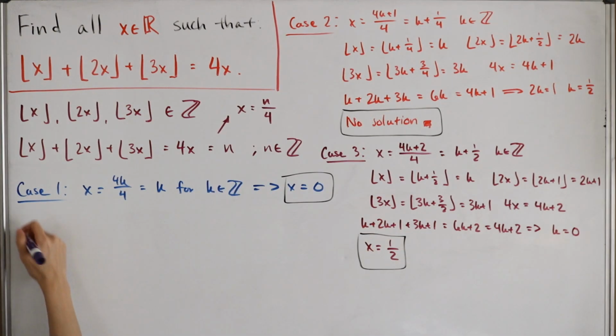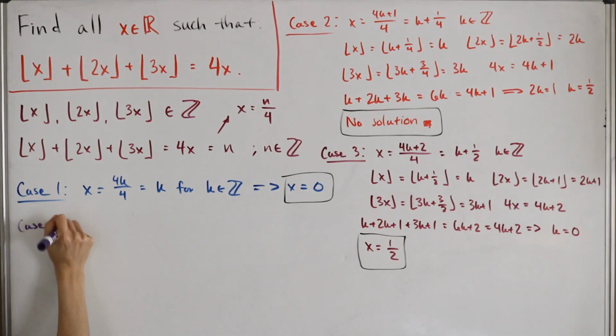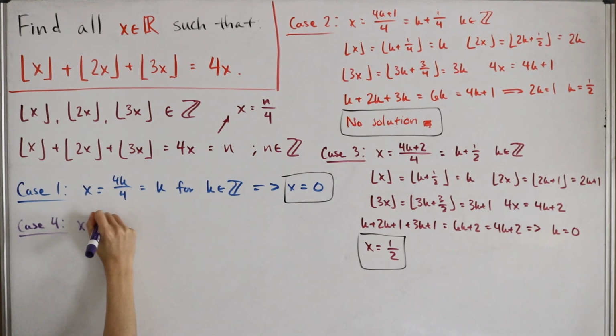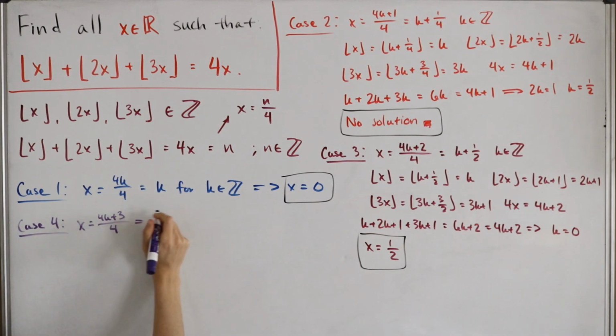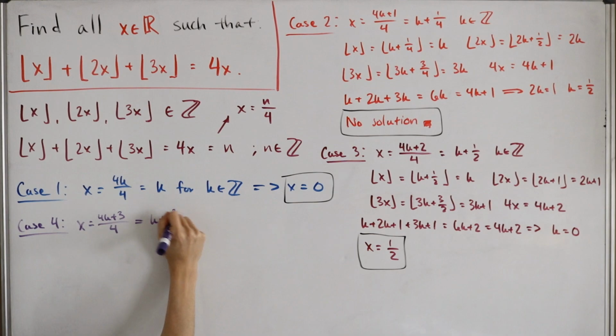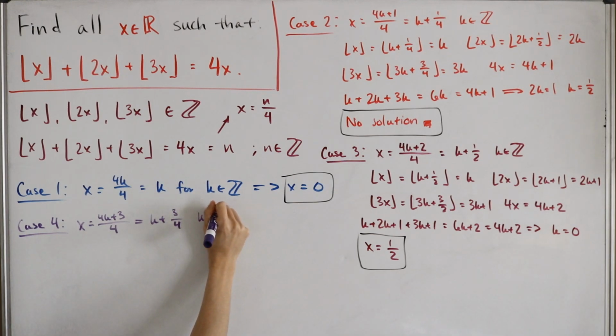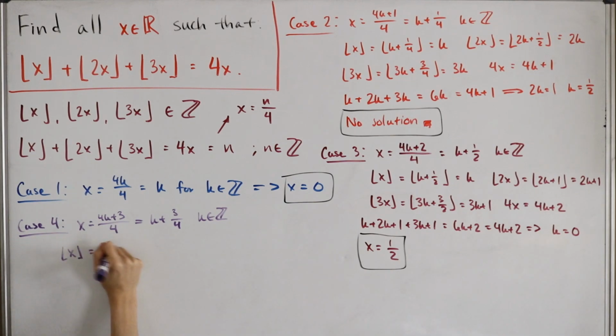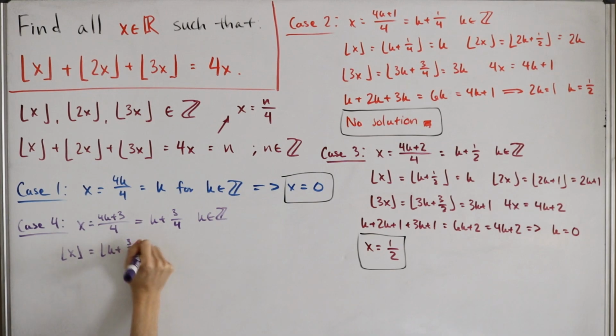All right, so the last one, I have case 4. This is for 4k, x is equal to 4k plus 3, divided by 4, which is the same thing written as k plus 3 over 4, for k an integer. If I put this back in, the floor of x is going to be the floor of k plus 3 divided by 4, which of course is still just k.